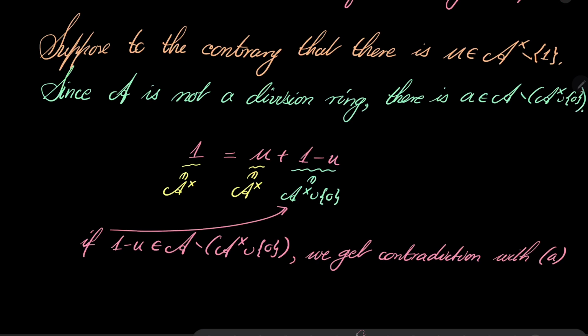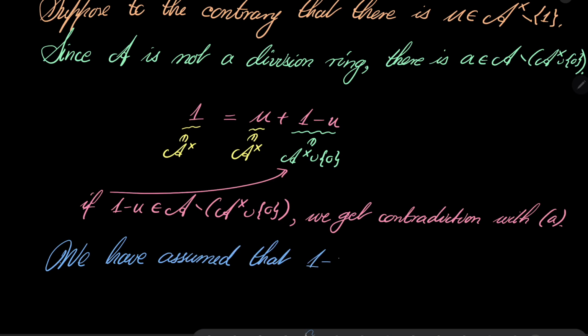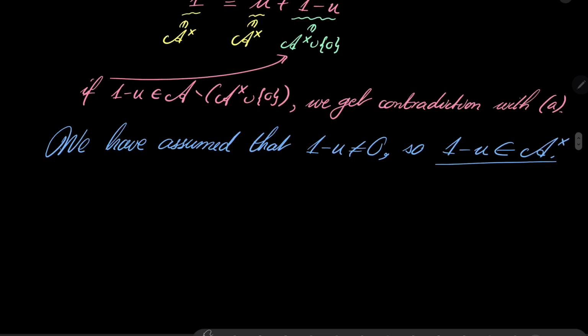We have excluded this possibility. But notice that we have assumed that 1 is not equal to U. We have assumed that 1 minus U is not 0, so it must be invertible. So 1 minus U is invertible. All right. So we have found two invertible elements, U and 1 minus U.